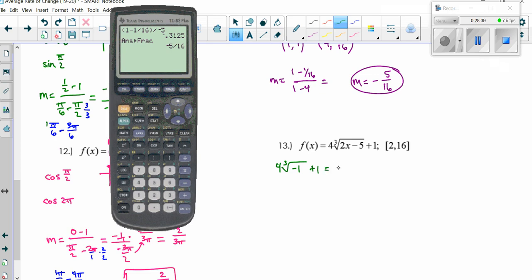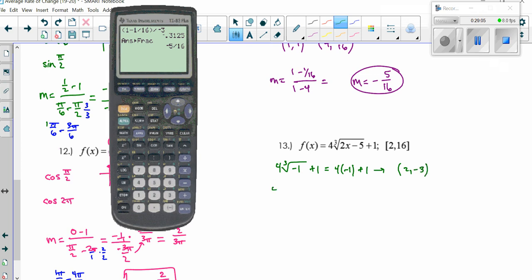That is going to give me, let's see, the cube root of -1 is -1. So that's going to be 4 times -1 plus 1. And you don't have to show all of this work, but I just want you to see where it's coming from. So that means that the coordinate 2 is going to give me an output. This is -4 plus 1, which is -3.